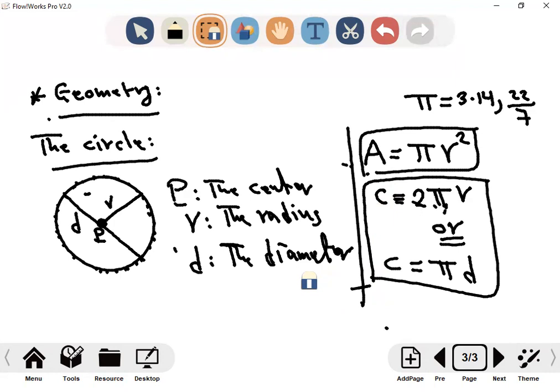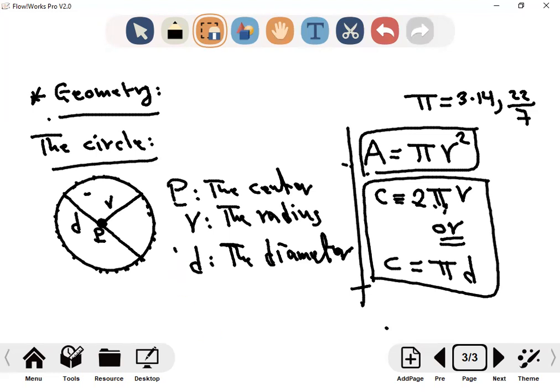If the diameter is given, we can use the second one. Don't forget that pi is 3.14. Now, it is not wanted information, but for your information, from where do we get the pi? They divide the circumference by the diameter for any circle. They get 3.14. This is what we call pi, okay?